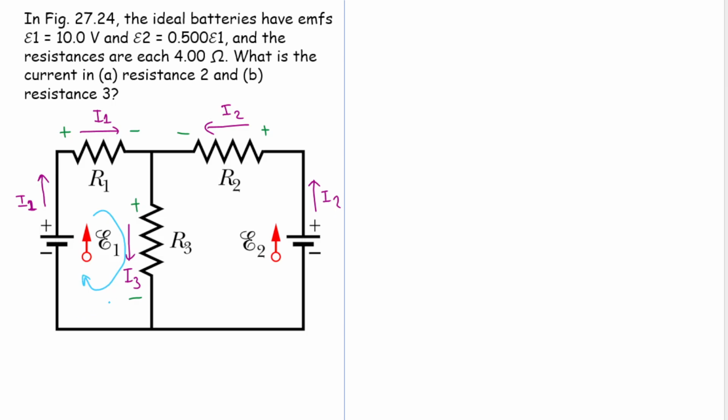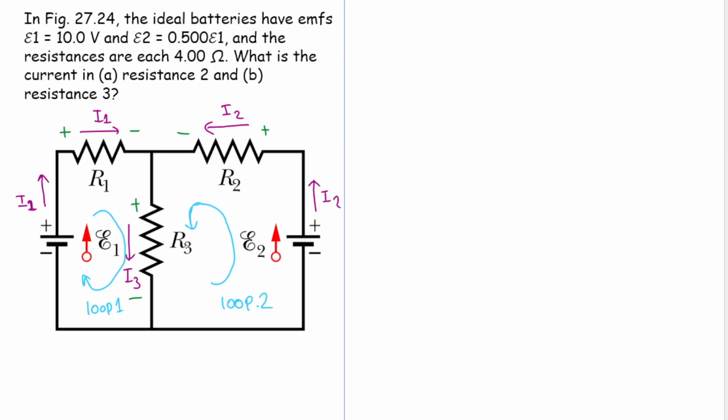We will have this as loop 1. And here we have this going up, then to the left, then down, so I will follow that and make my loop counterclockwise for loop 2.